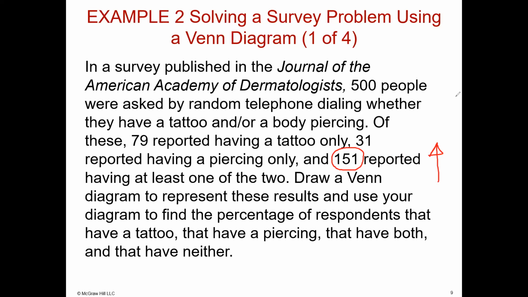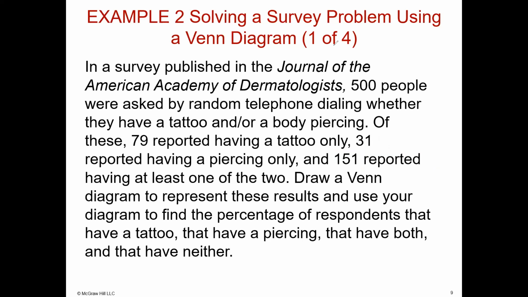Do you agree? Yes. So I have a question for you. Knowing this information, what region could we and should we populate first? Region 1, 2, 3, or 4? What do you think? 2.